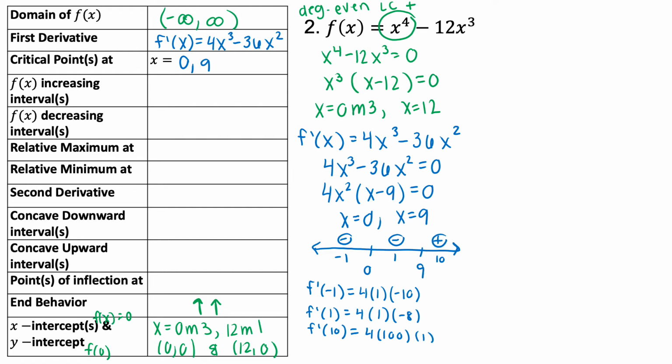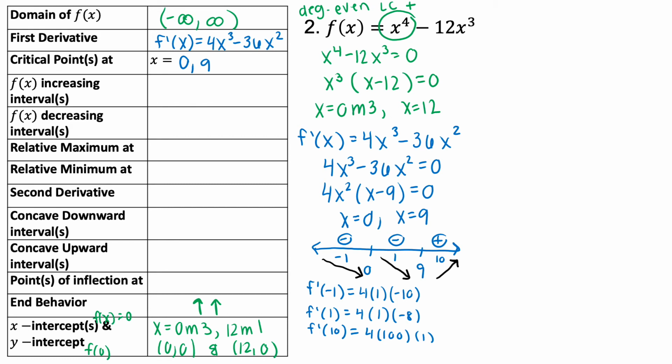So when we look at this, we have decreasing from negative infinity to 0, still decreasing from 0 to 9, and then increasing from 9 to infinity.